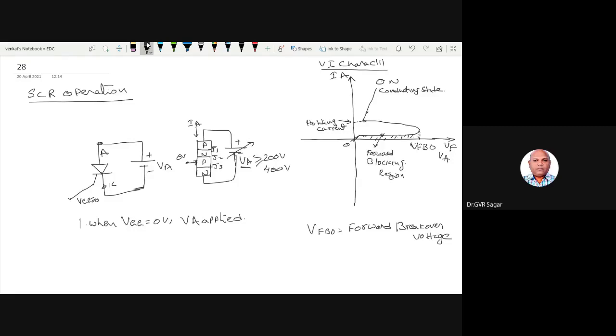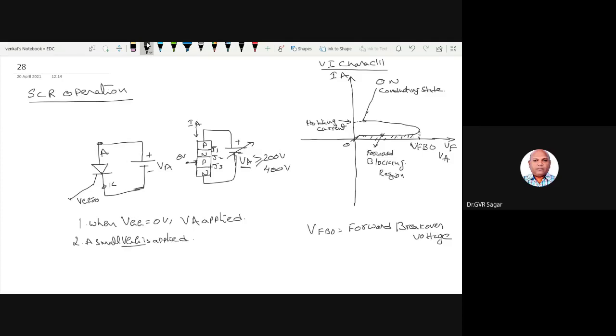In a general electronics laboratory, applying this much voltage is very difficult. That's why we apply a small amount of gate voltage. The second method of operation is applying a small gate voltage VGG.